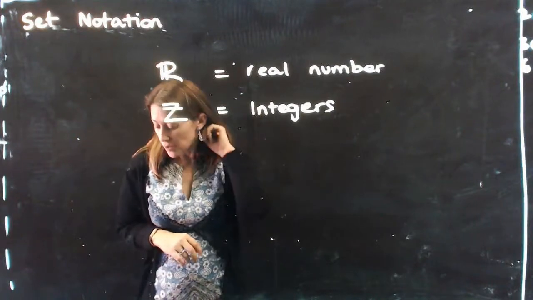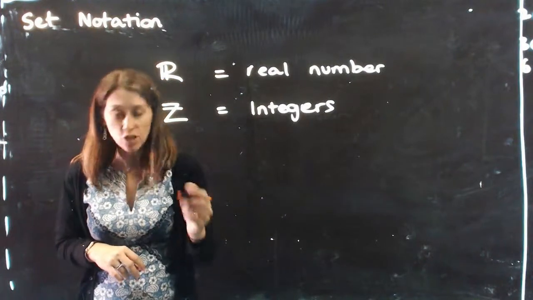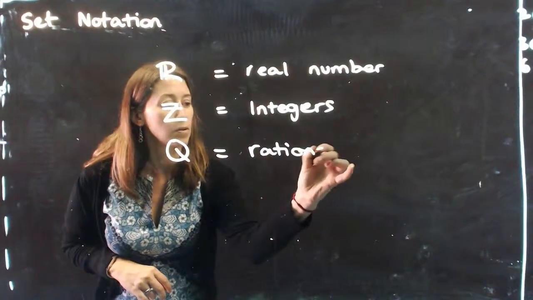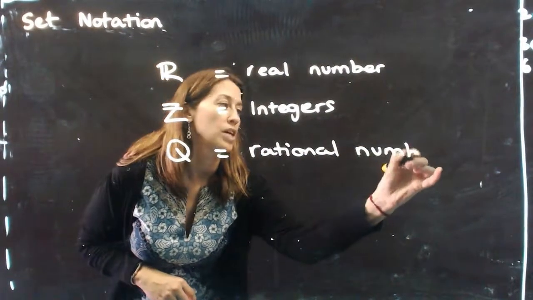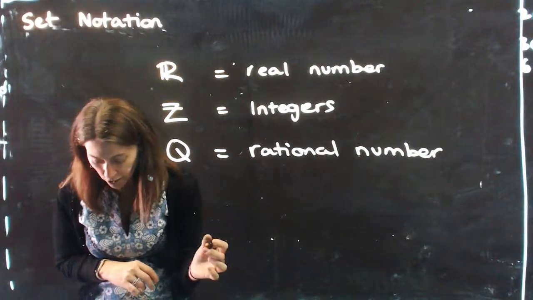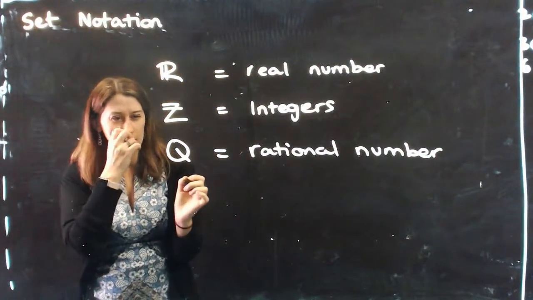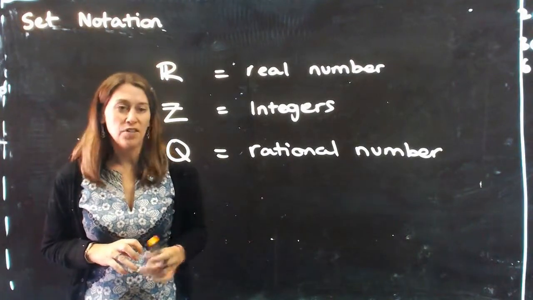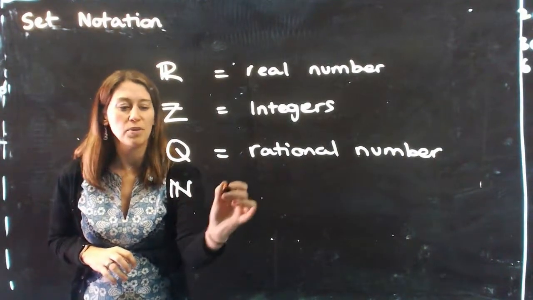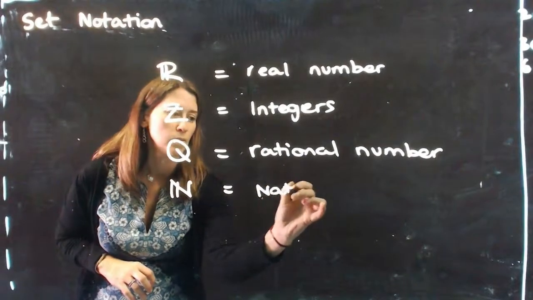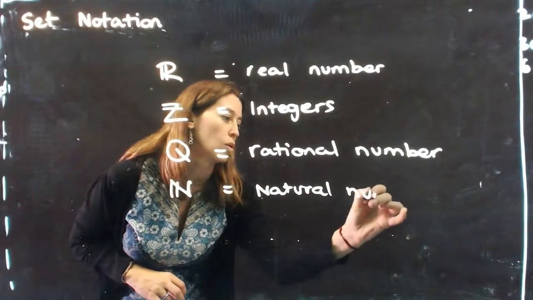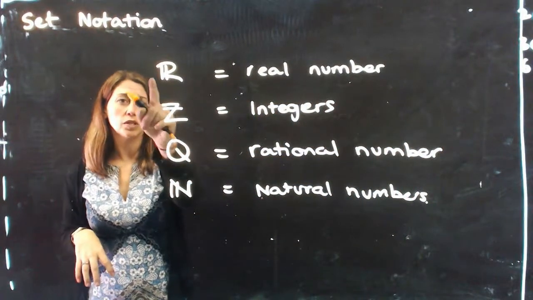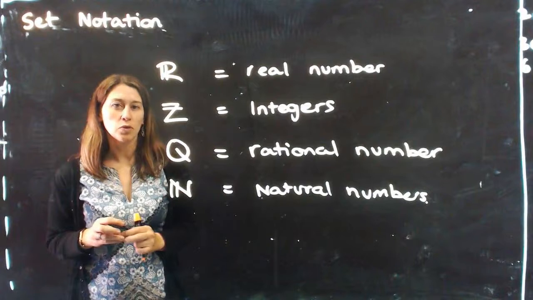So let's write down what those symbols are. So rational numbers are denoted by Q, and we have irrational numbers denoted by a different symbol. The other one that we have are the natural numbers, which are represented by the letter N. Now let's also look at some more subsets of these real numbers.